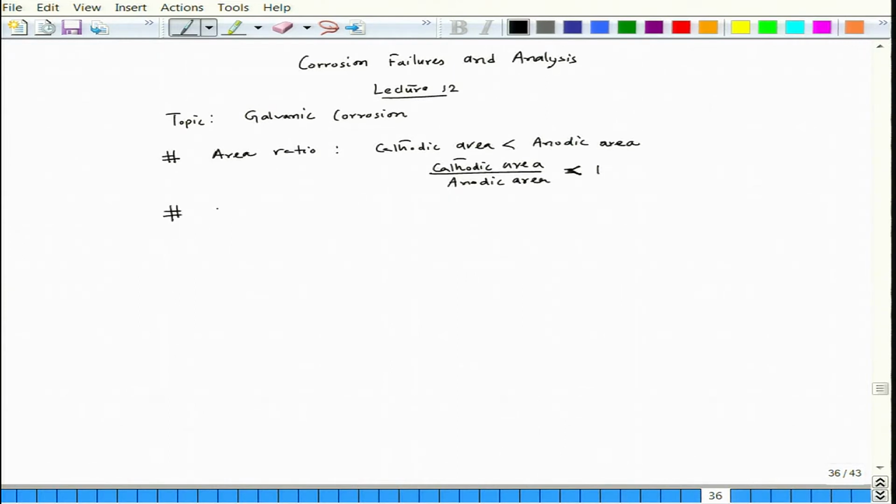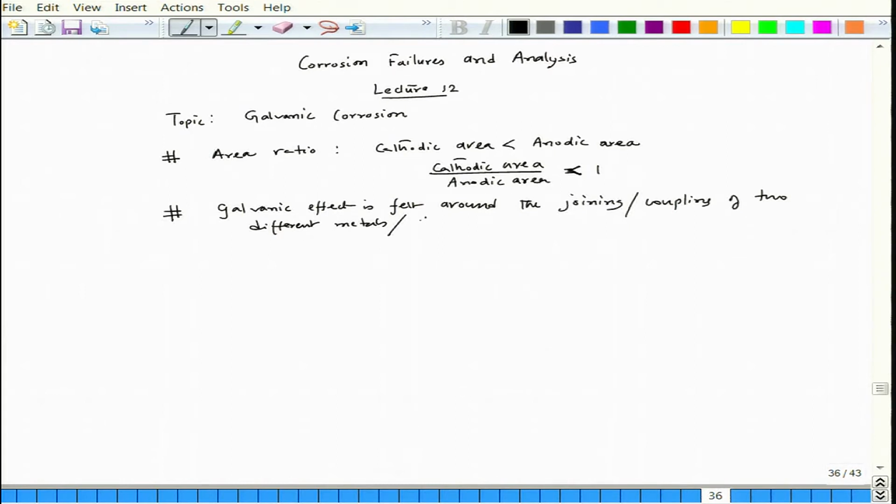Now, second part what we have seen, that galvanic effect is felt around the joining or coupling of two different metals, or we will see later when we talk about intergranular corrosion, but you have already seen in case of rainwater droplet, two different regions on a same metal.